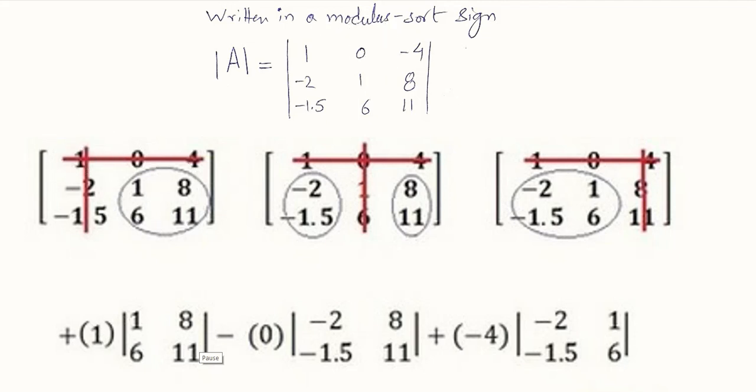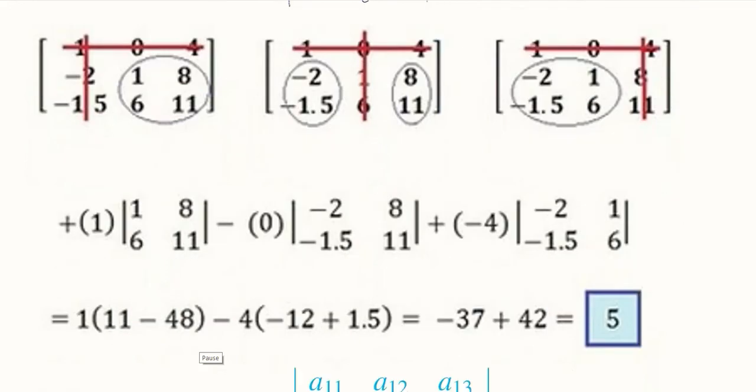Then there was 0, so this 0 is written because this gave rise to this determinant. And then we have minus 4 here, and this is the related subdeterminant. So we can call these subdeterminants that are a part of the overall determinant.